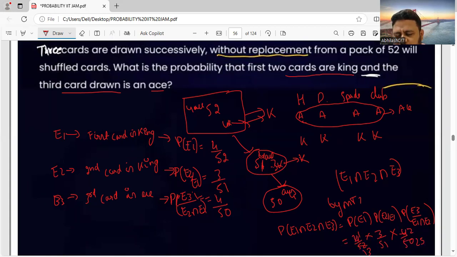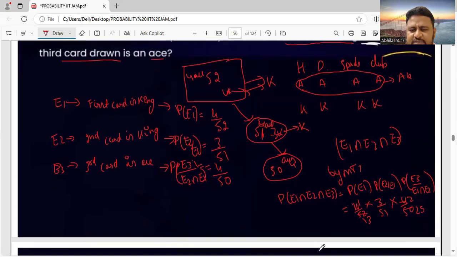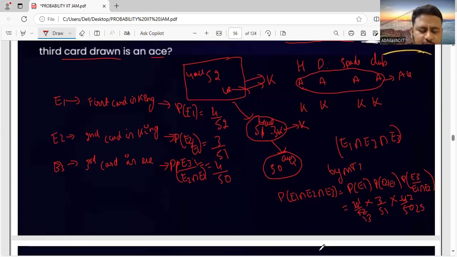If you multiply this, what answer do you get? Please do the calculation, and do it fast.